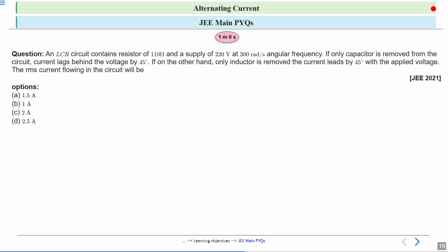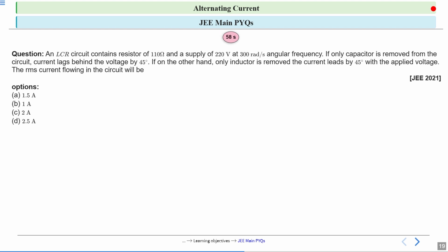So these phase differences are given to calculate the reactances, or to determine in what condition the circuit is. The options are 1.5 ampere, 1 ampere, 2 ampere, 2.5 ampere.